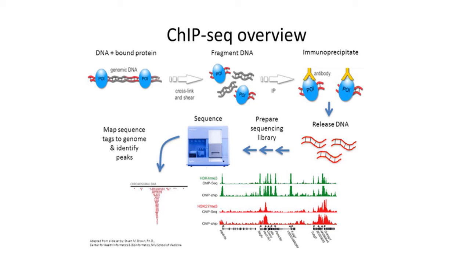What happens is, of course, we know what the genome sequence is, and so the machine is able to take each individual sequence and figure out where in the genome it came from. So you're going to get millions and millions of sequences which represent different parts of the genome where binding of the individual protein was seen.